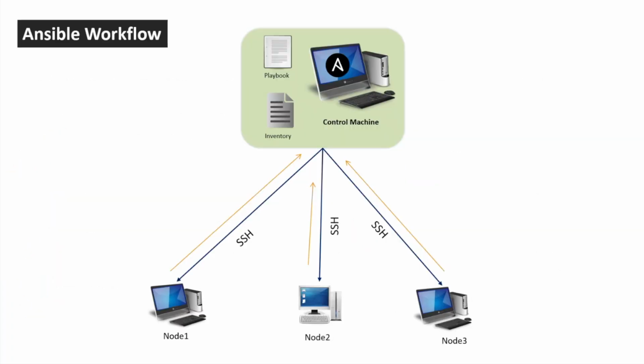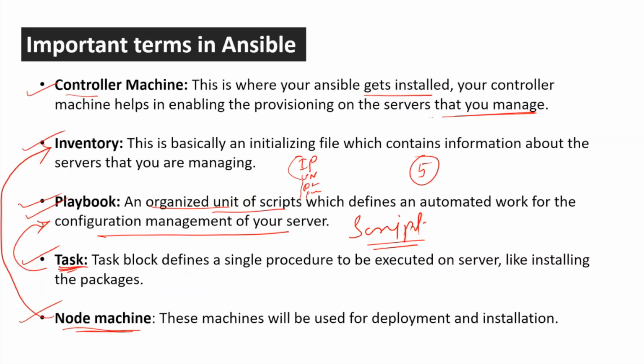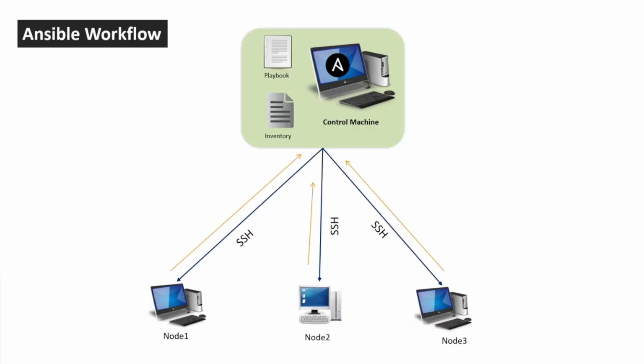Here is the Ansible flow, whatever I just explained. Let me explain again. You can see the playbook, the inventory, and this is your control machine, where your Ansible is installed.